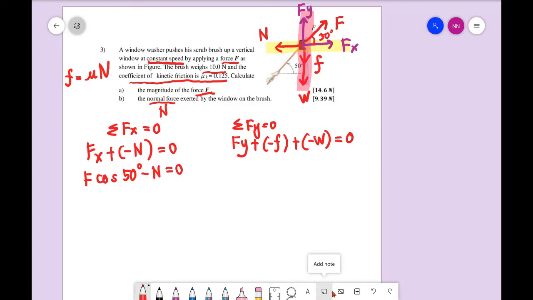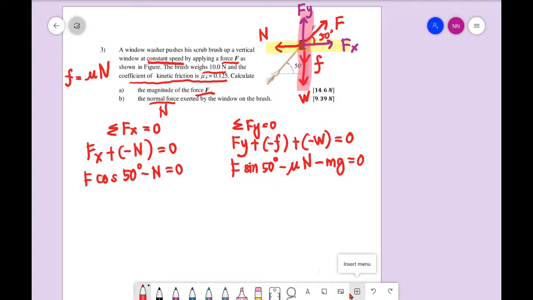Simplify Fy: Fy is F sin 50 degrees, minus friction. Friction equals mu times normal, and W is mass times acceleration due to gravity. Alright, so we have two equations now with two unknowns, which are N and F. The rest is mathematics.